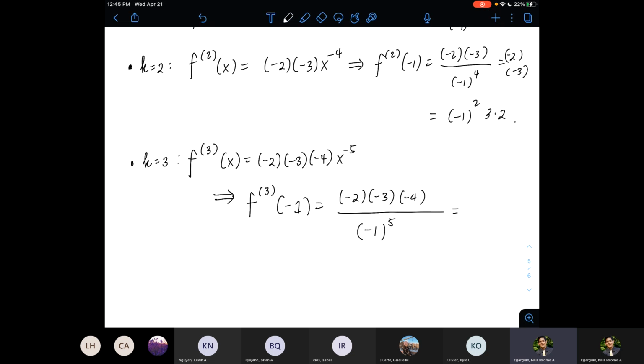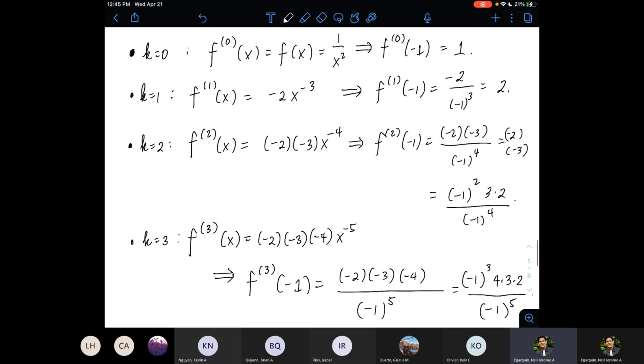All right. So this will just be (-1) cubed times 4 times 3 times 2 all over (-1) to the 5th. Maybe I should have written -1 to the 3rd here so that we see the pattern.